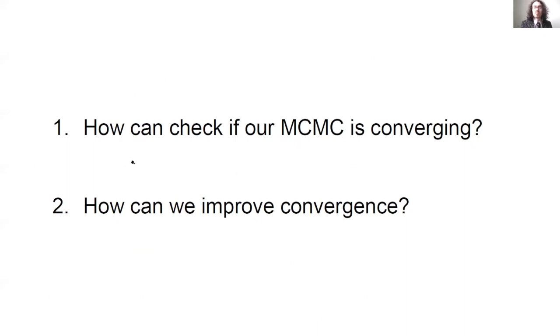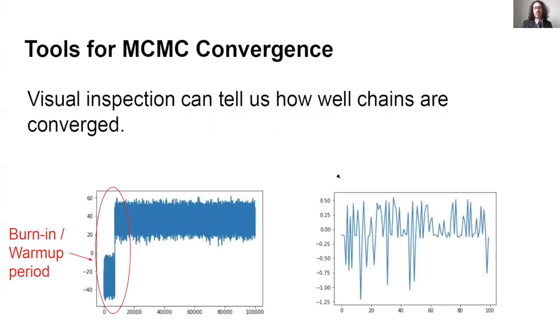And if we have bad convergence problems, how can we diagnose them and how can we improve them? So I think the first thing you should always do is visual inspection before you do anything fancy. So here I have two chains, and you could ask, which of these chains has converged? On the left, you see this phenomenon, which is this warm-up period that often happens when you start running these chains, right?